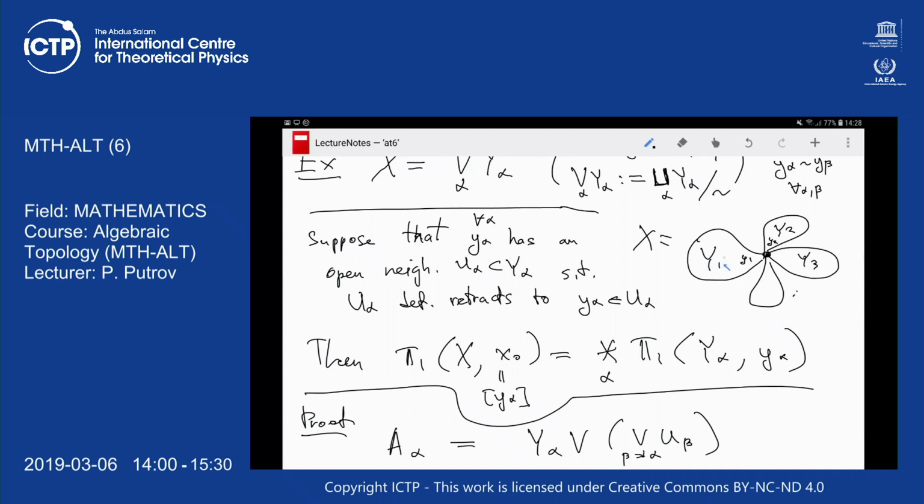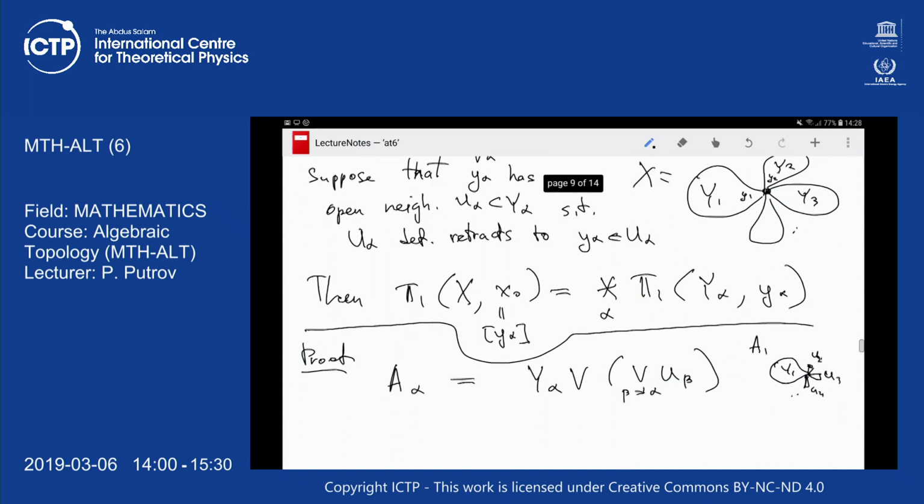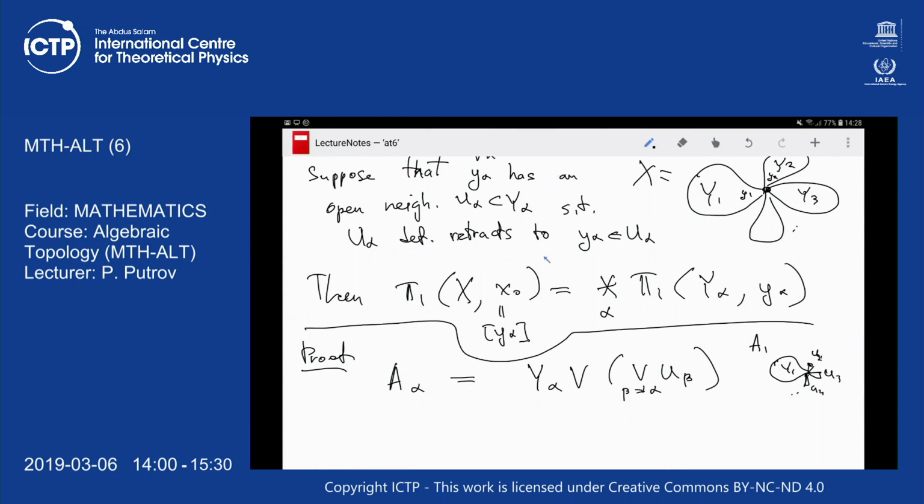For example, A1 in this schematic picture would be the whole Y1 plus a small neighborhood U1, U2, U3 from each other one. From each other one we just keep a small neighborhood, which should deformation retract to a point.